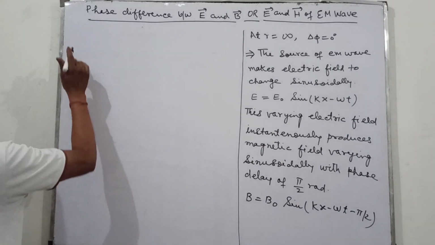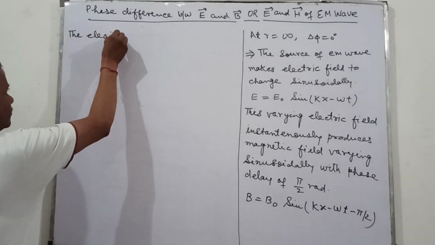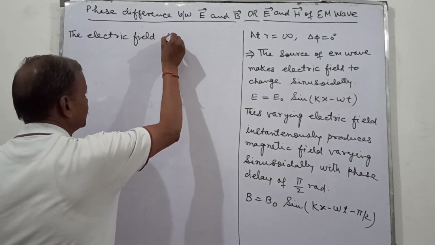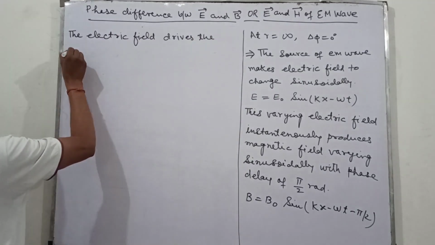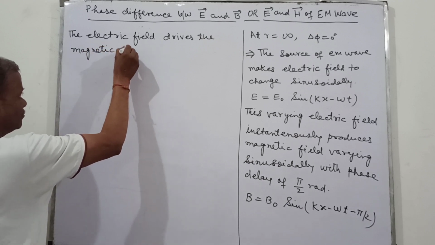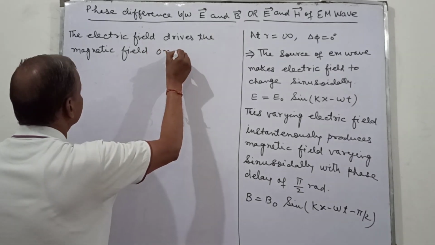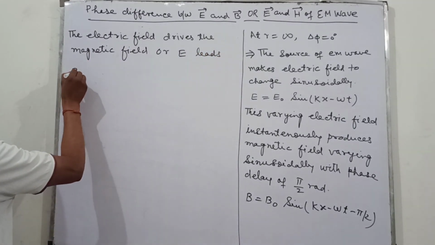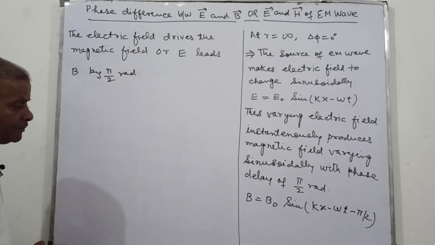The electric field drives the magnetic field, or E leads B by pi by 2 radian.